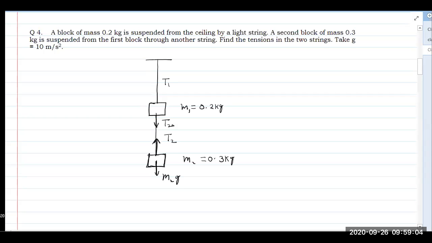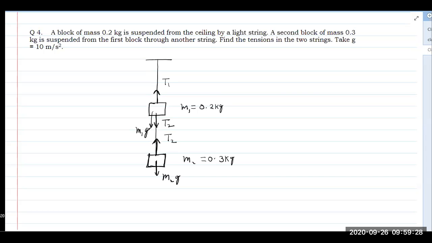So tension will pull M2 upward, the T2 tension will pull M1 downward, and the T1 will pull upward. And there will be another force, M1g. So what we have done here, we have shown all the forces on different objects.